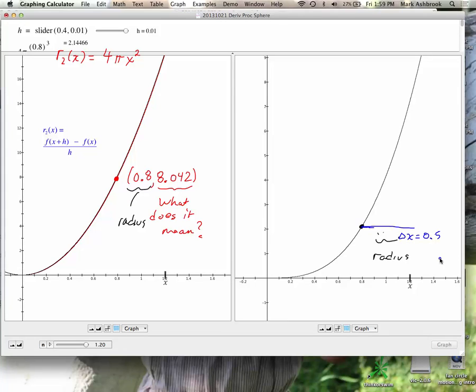Will the volume increase 8 times as much as that? No. Why not? Right, because the rate is continually changing.